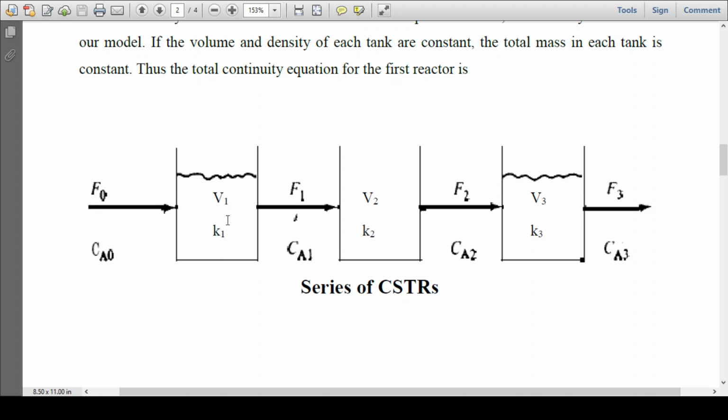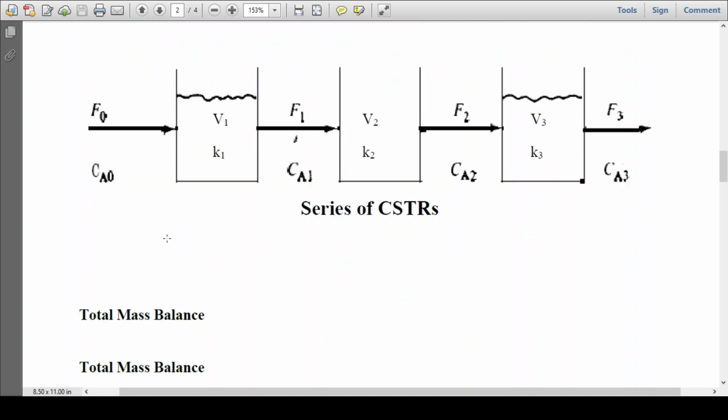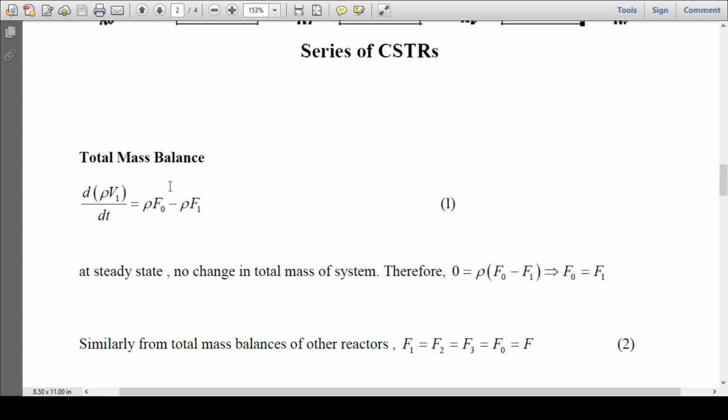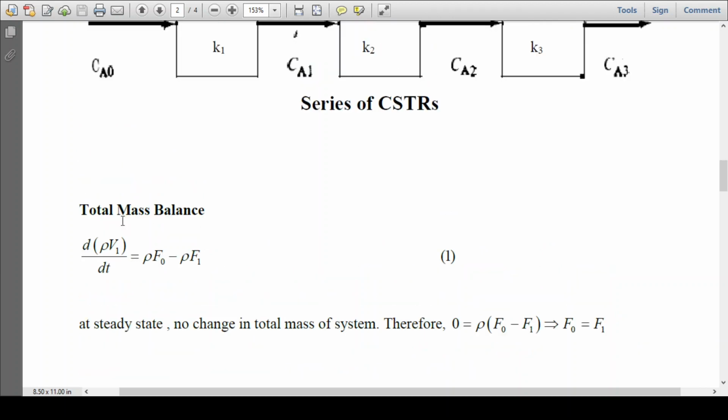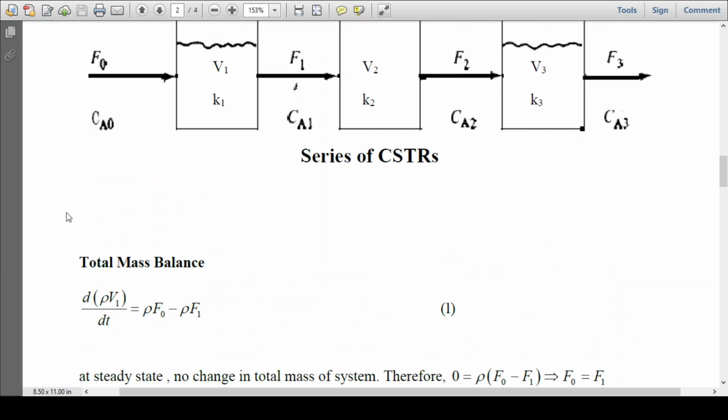So we can write the mass balance and component balance for each reactor. If we write the total mass balance for reactor 1, the rate of mass accumulation within the reactor, d(rho V1)/dt, equals mass in, rho F0, minus mass out, rho F1.